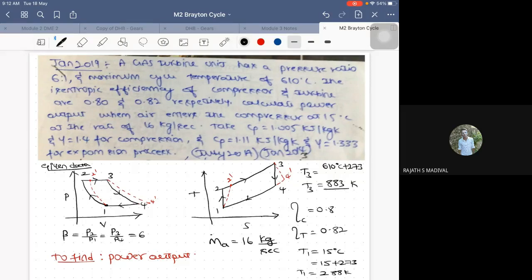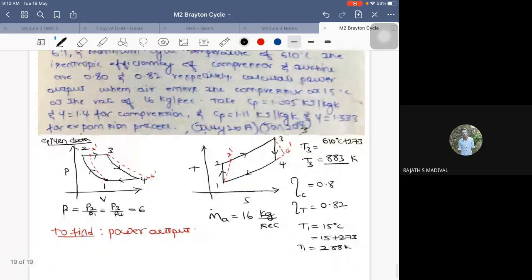Next, take the value of Cp equals 1.005 kilojoules per kg Kelvin and gamma equals 1.4 for compression, and Cp equals 1.11 kilojoules per kg Kelvin and gamma equals 1.333 for expansion. So he has given two different values.